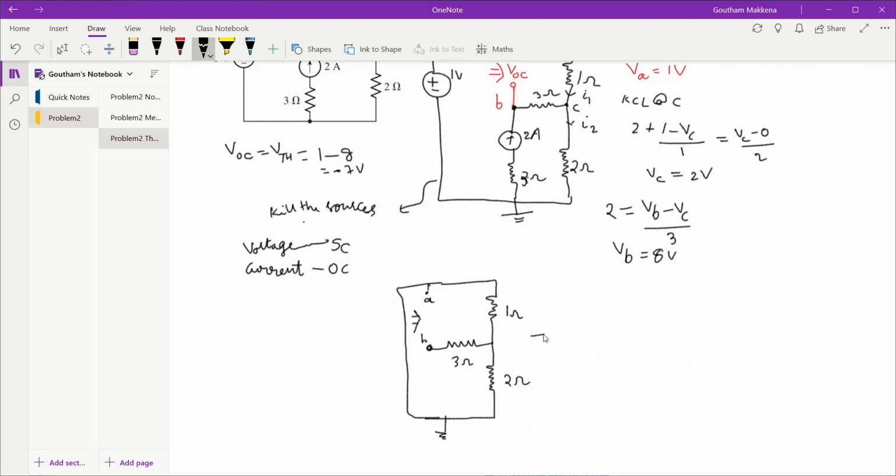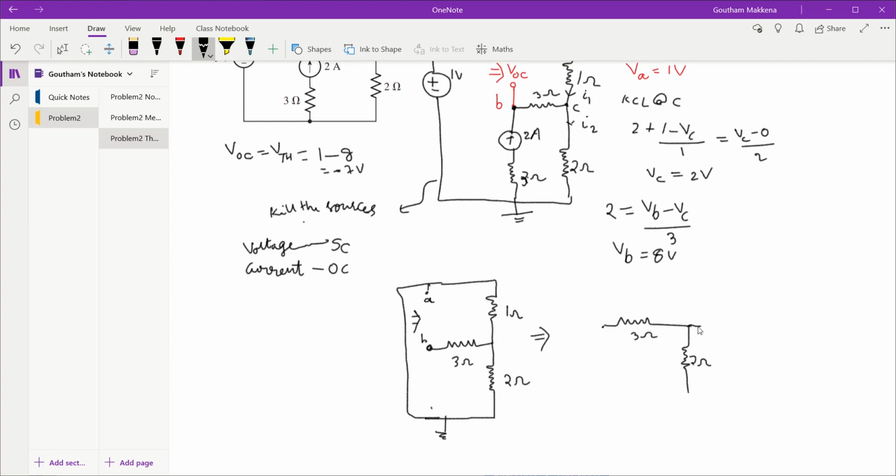Now I'll redraw this circuit as something like this. At B I have the 3 ohm resistor, and at this point I have the 2 ohm resistor, and at this point I have one terminal of the 1 ohm resistor, and the other terminal of the 1 ohm resistor is connected to ground.